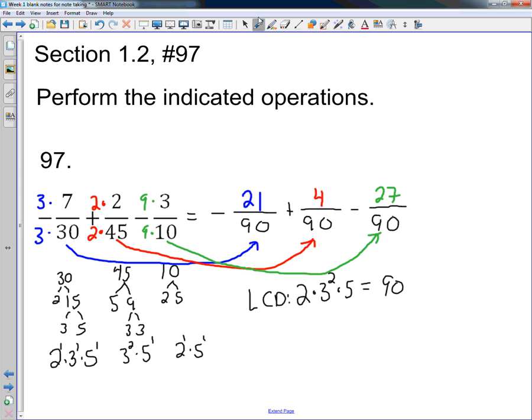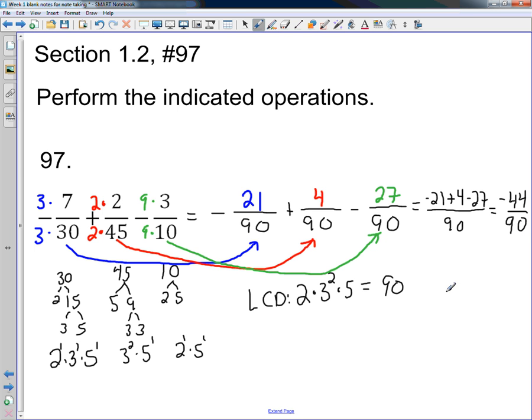Now we go ahead and combine our numerators. So we're going to end up with one denominator of 90. And we have negative 21 plus 4 minus 27. So negative 21 plus 4 gives me negative 17. Minus 27 gives me negative 44 over 90.